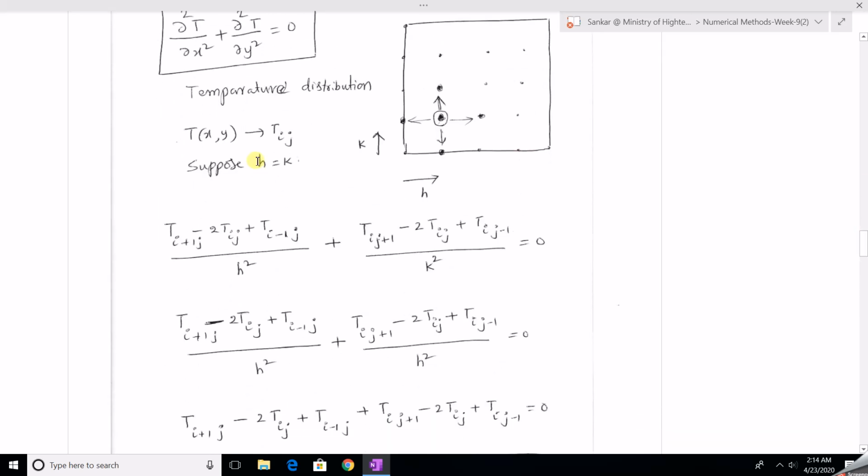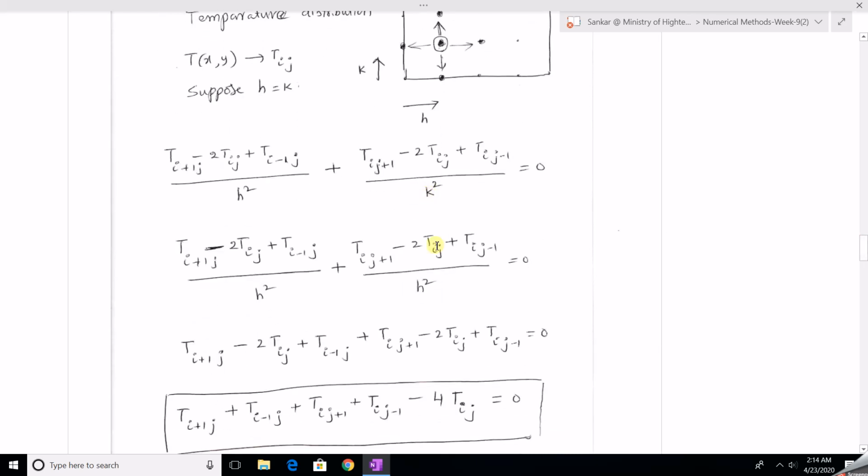Now we have assumed that the spacings h and k along the x-axis and y-axis are the same. Therefore h is equal to k. So let us put h square here, and k is also h square. Now if you take h square LCM and cross multiply, you will get t of i plus 1, j minus 2 t i j plus t of i minus 1, j plus t i, j plus 1 minus 2 t i j plus t i, j minus 1 is equal to 0.